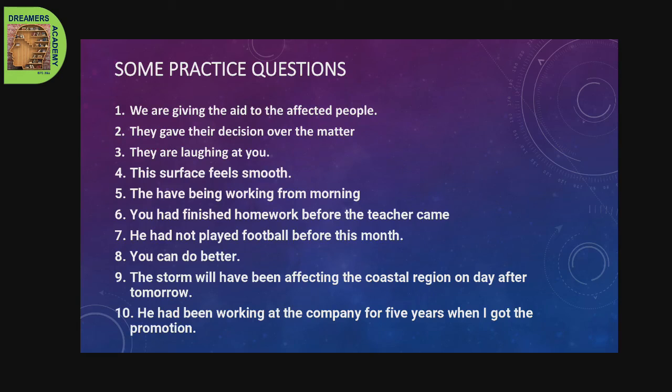And this is like the previous classes: the auxiliary verb will follow the subject of the sentence, and in the passive voice the auxiliary verb also follows the subject of the passive voice.